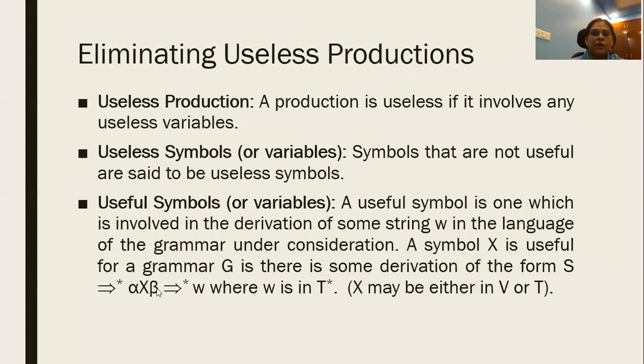And if from this kind of a sentential form you can derive a string, then we say X is a generating variable. Now, for a variable to be useful, it should be both generating as well as reachable.